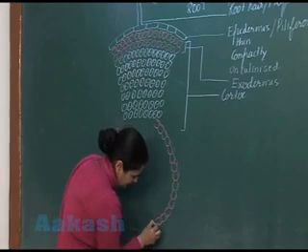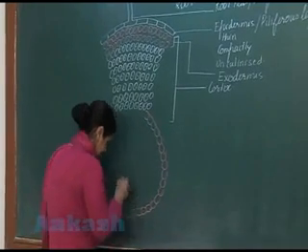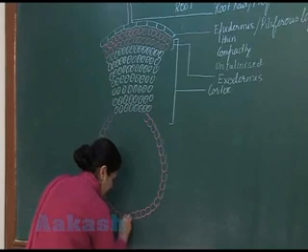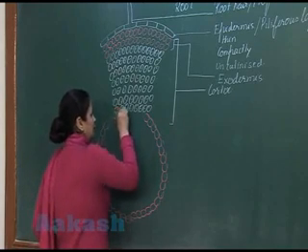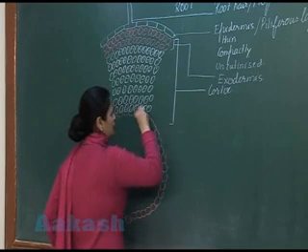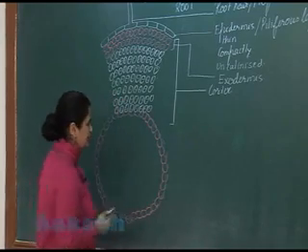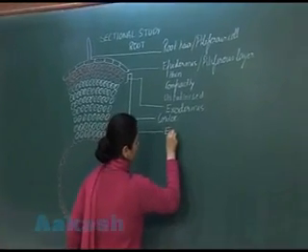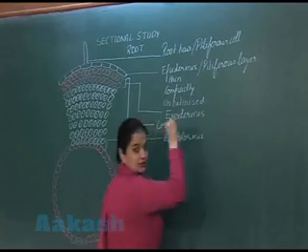So you can see here the cells of the endodermis are swollen. The cells are swollen, and they are barrel shaped. So a single layer of cells is going to represent endodermis.